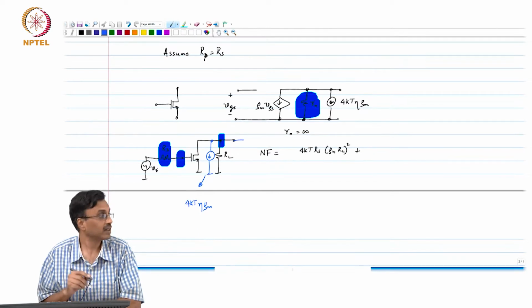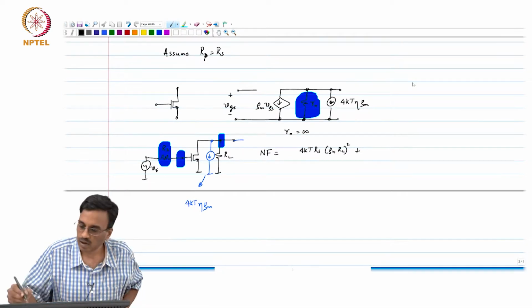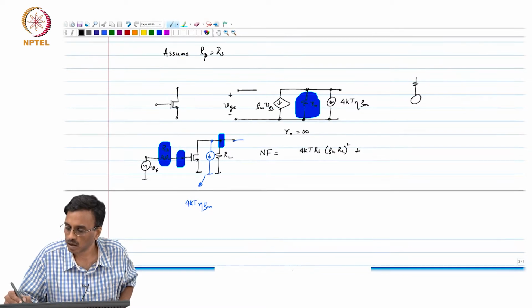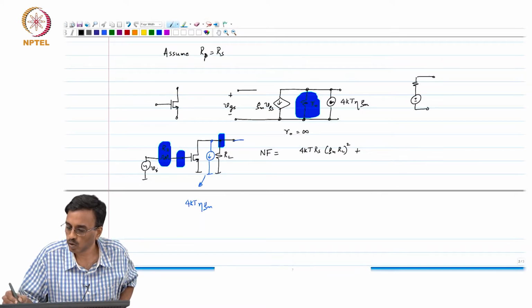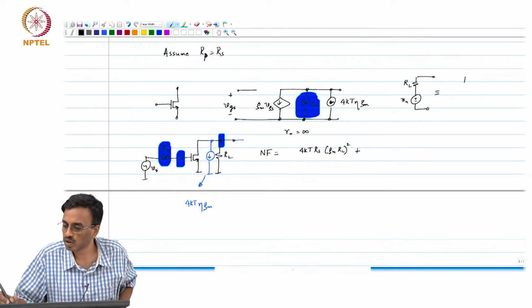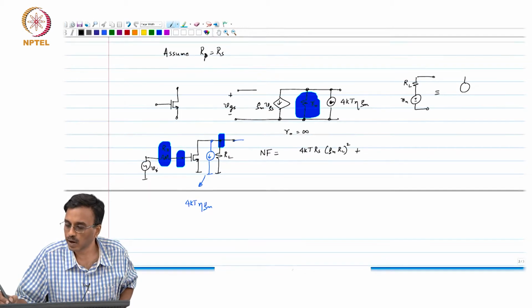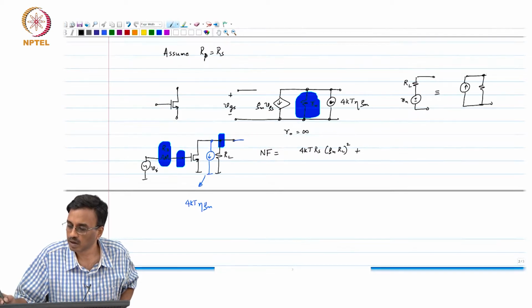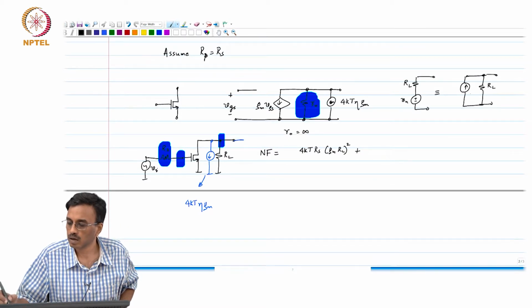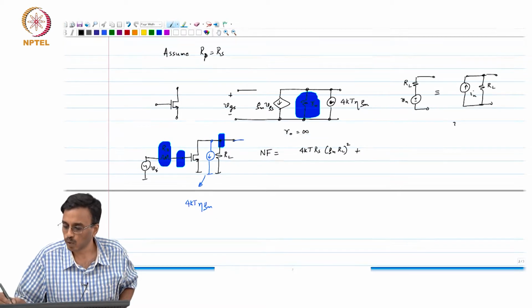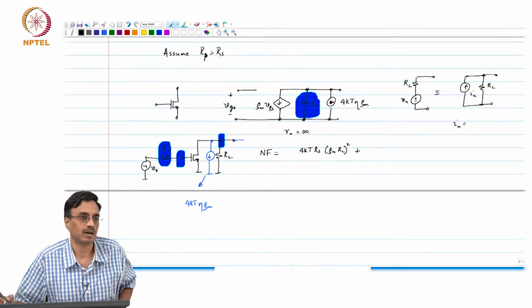The noise source of the resistor is a voltage source, but we know how to convert from a Norton equivalent to a Thevenin equivalent. So, Vn in series with RL is equivalent to In in parallel with RL. And what is In? Vn by RL.